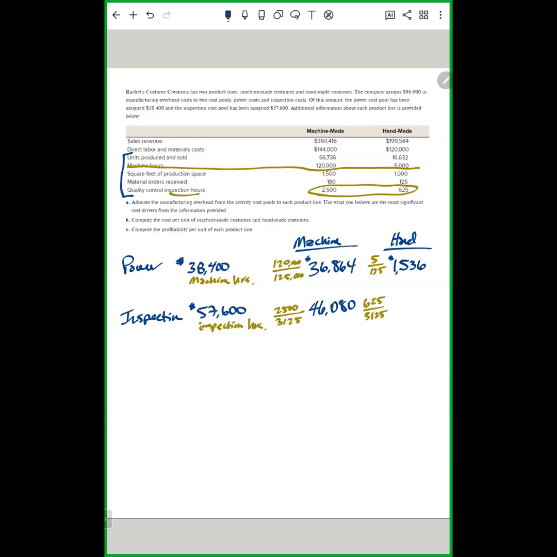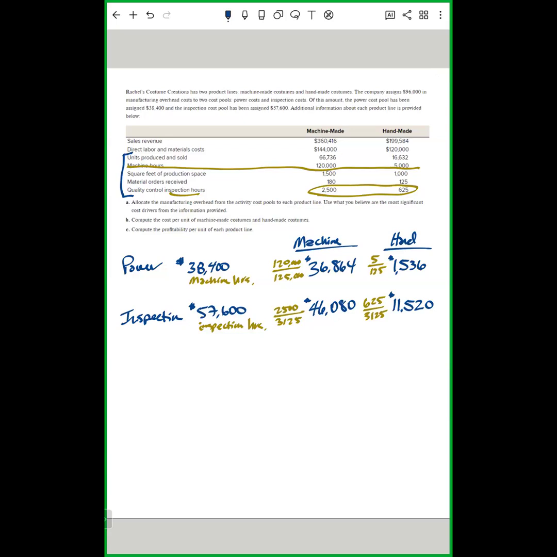And if we allocate the inspections out, 57,600 times 625 divided by 3125, I get $11,520. And again, both of these are money. And again, I'm going to just check that math. 11,520 plus 46,080, and I'm back to the 57,600. So all of that worked.